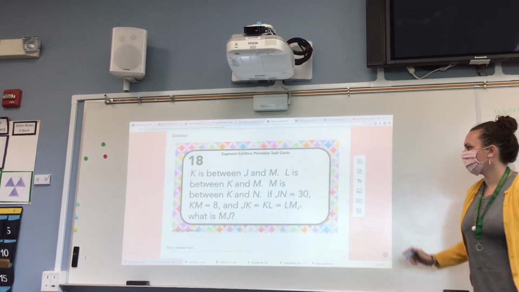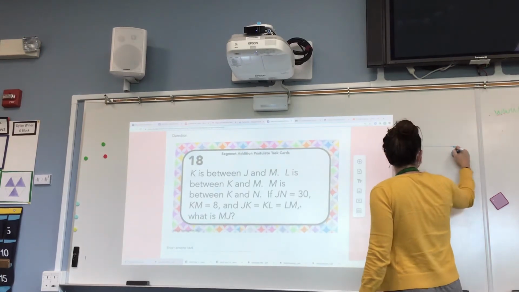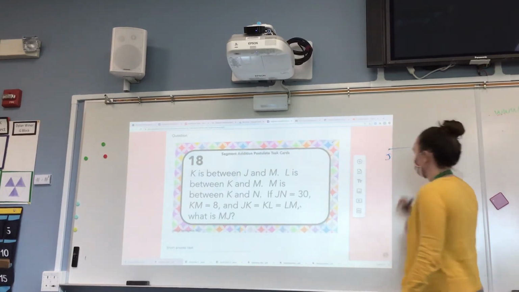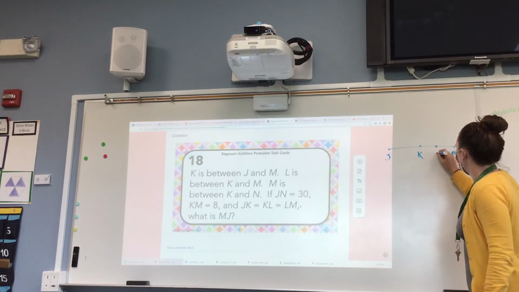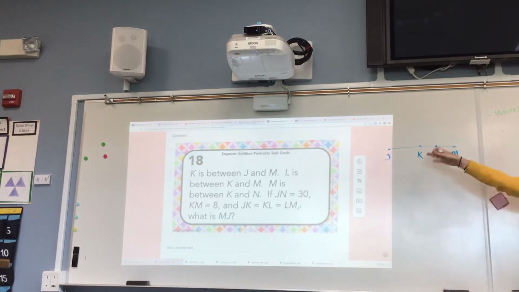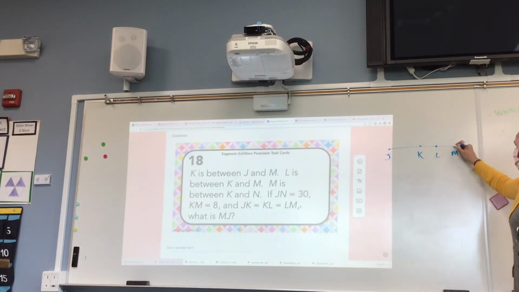K is between J and M. L is between K and M. Now I'm kind of marking them like they're halfway in between, but I have no idea. M is between K and N. Well, I don't have an N, so I need to make one.